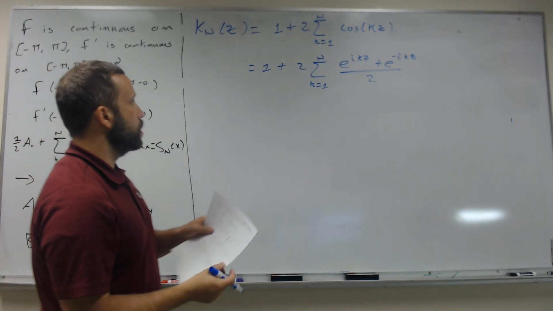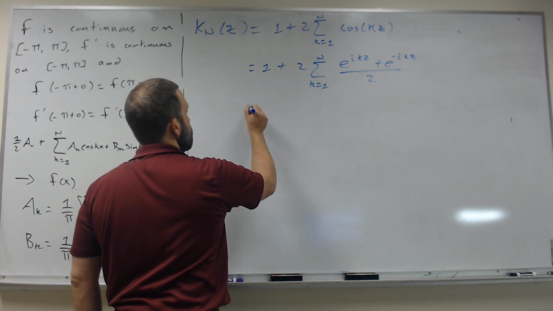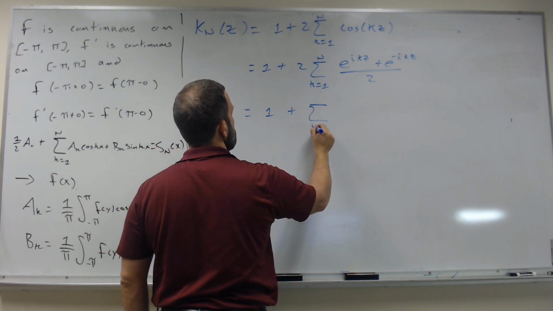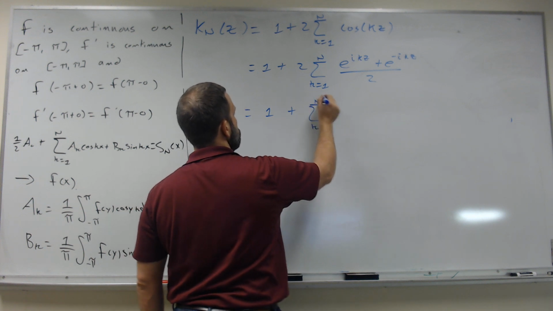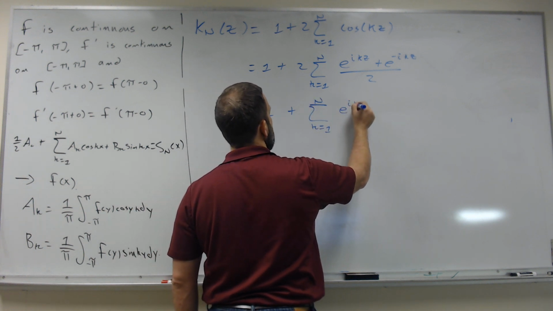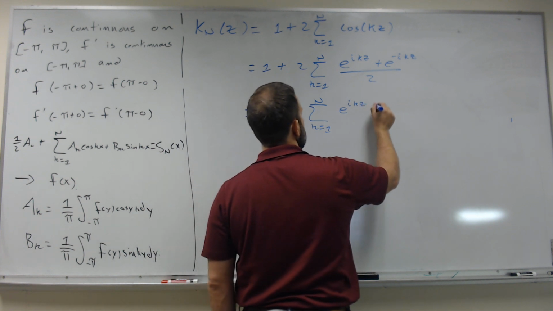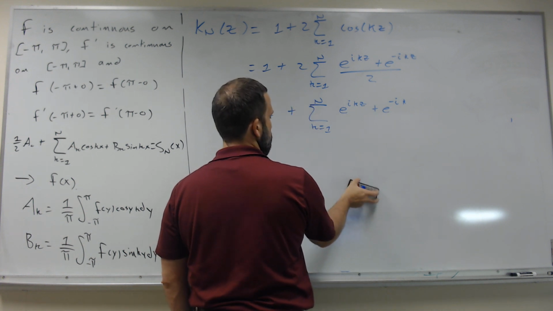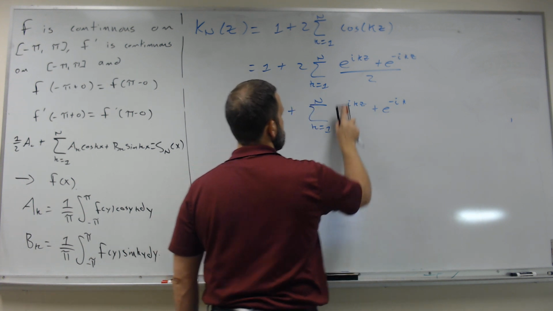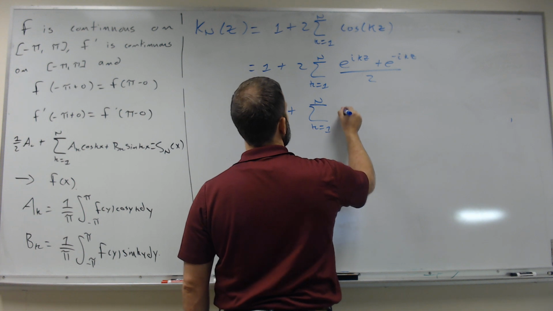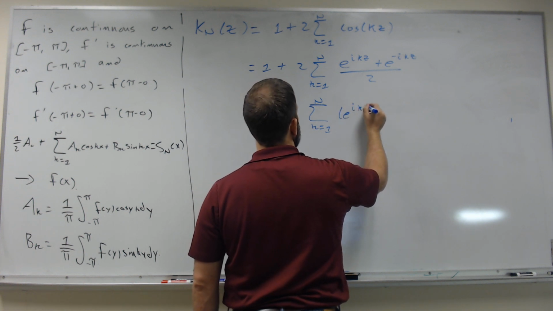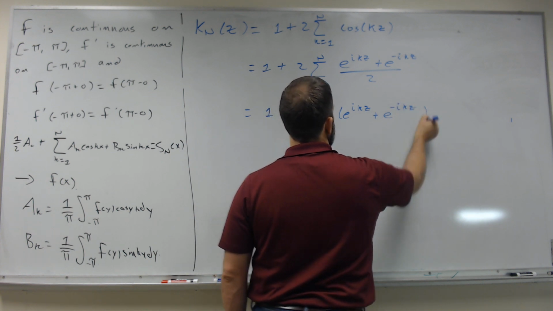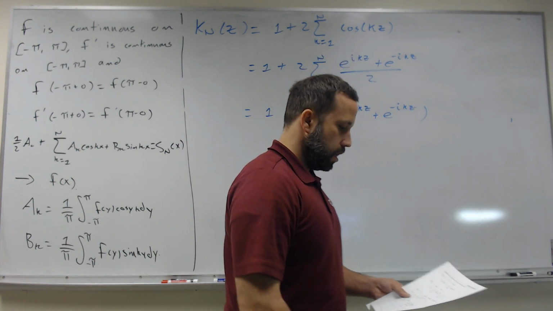The first thing to note is that the 2's cancel, and this is equal to 1 plus the sum from k equals 1 to n of e to the i kz plus e to the minus i kz.